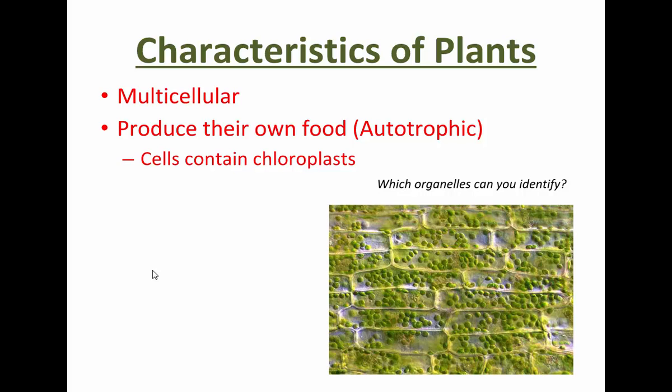And that happens in the chloroplast. Here in this diagram, you see those small little green circles within each cell. Those are the chloroplasts. That's where photosynthesis happens. They're also eukaryotic. They have a nucleus.